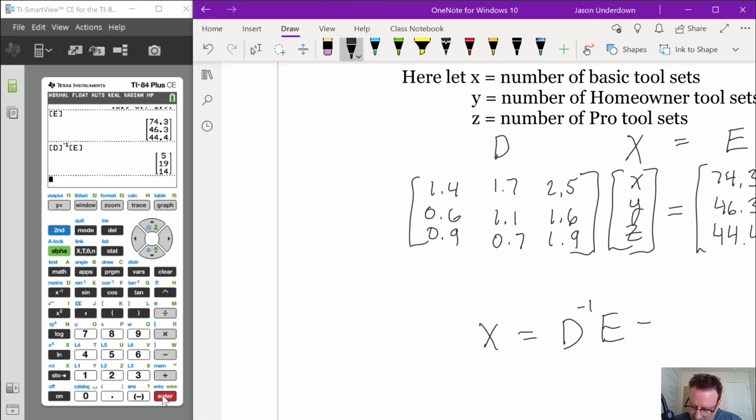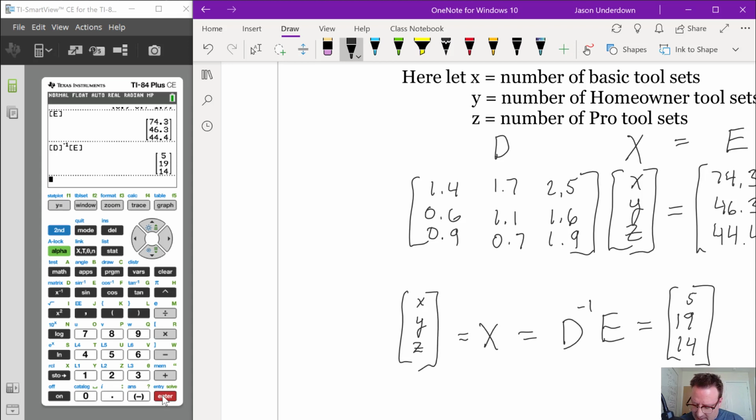Okay, and what do we get? We get 5, 19, and 14. Okay, so recall that this capital X represents this column vector containing lowercase variables x, y, and z.